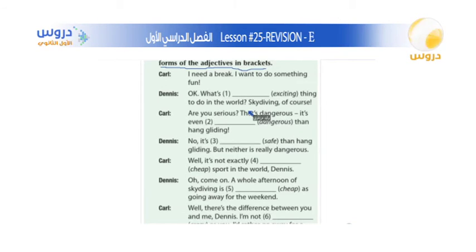And the second blank, they are comparing between skydiving and hang gliding. Absolutely perfect. Absolutely correct. Thanks a lot, Miss Yasmin. Perfect. Really wonderful. All right, now let's move to the third blank.